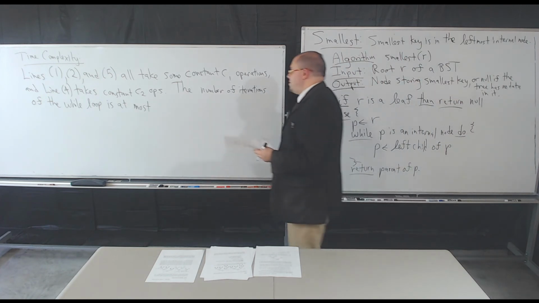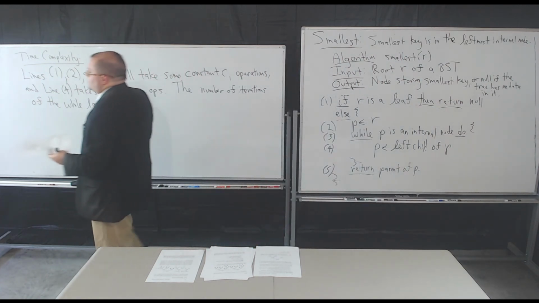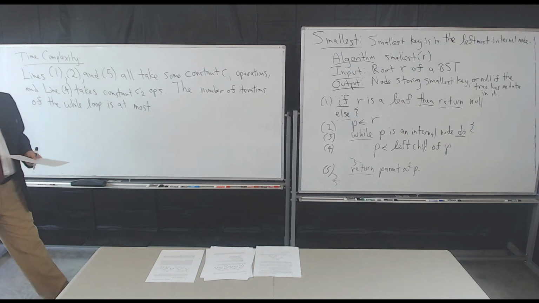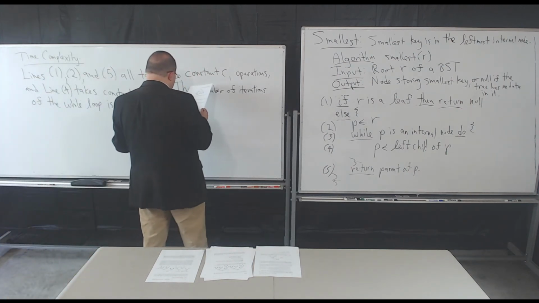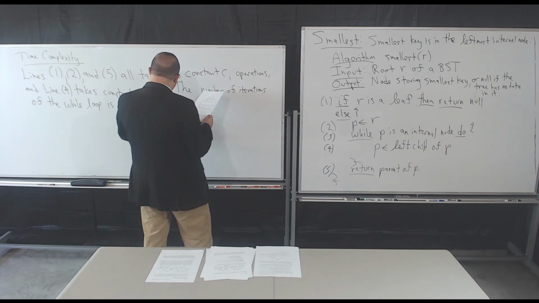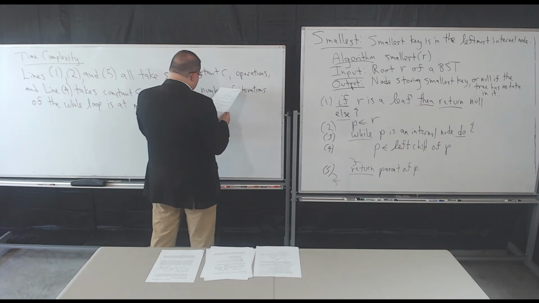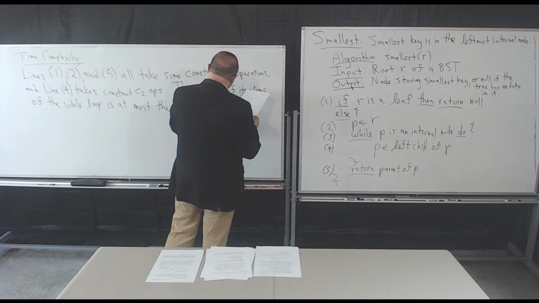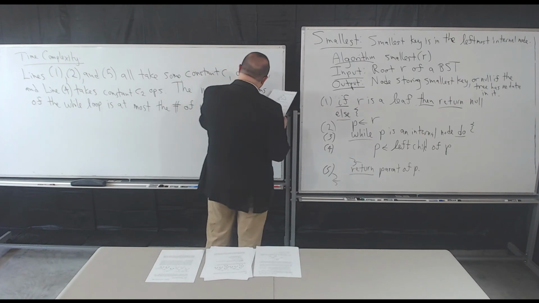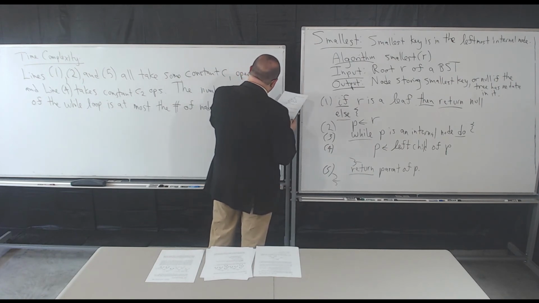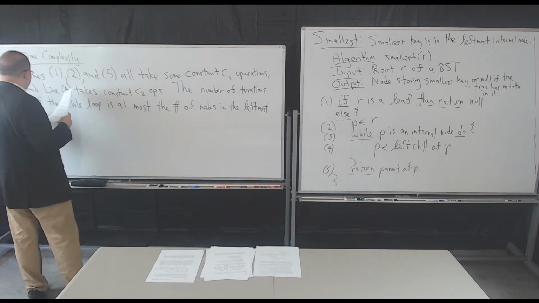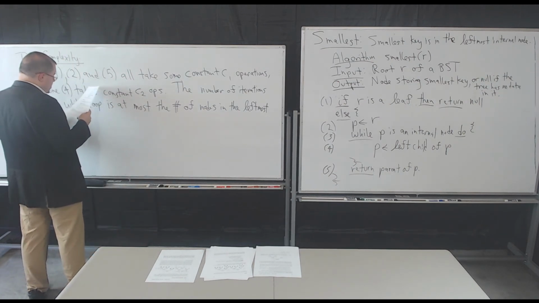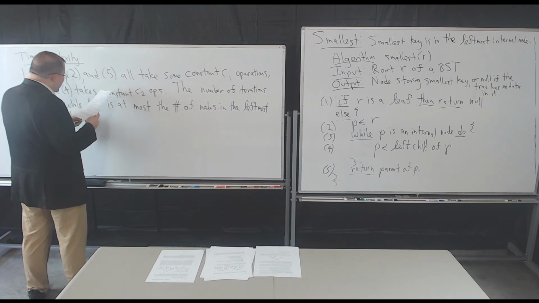How many times do I do that? Well, it depends on the number of internal nodes along that left side, but what else? It's at most the following. The number of nodes in the leftmost branch, but how big is that?